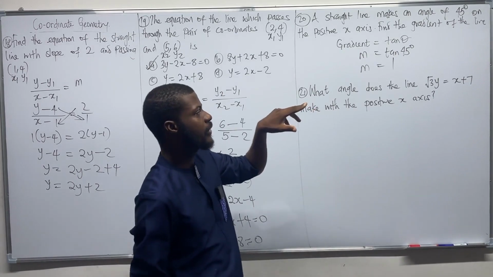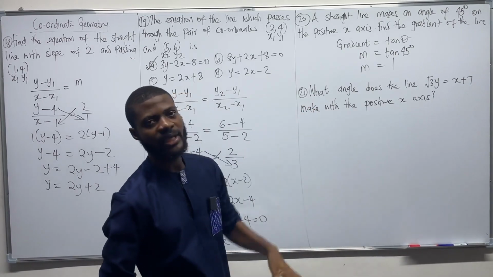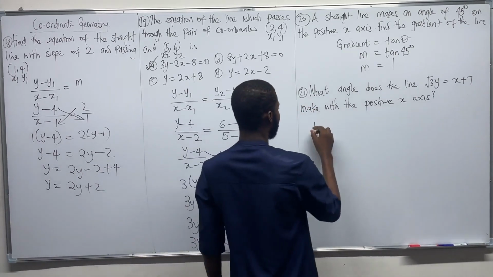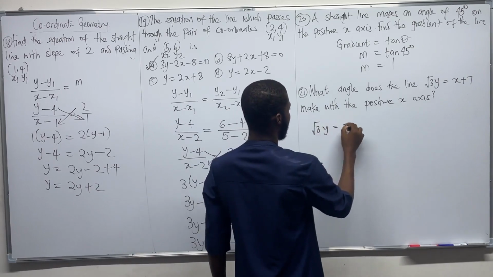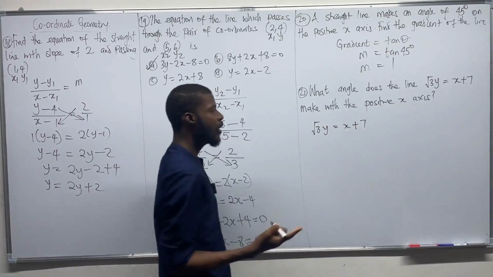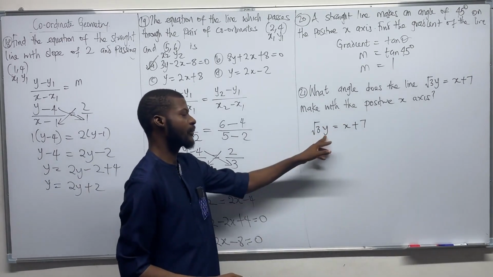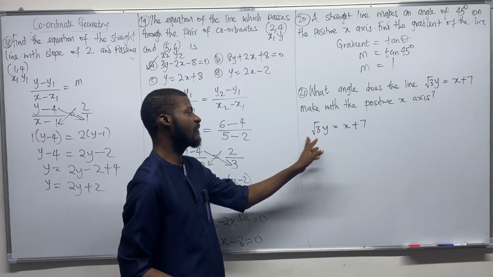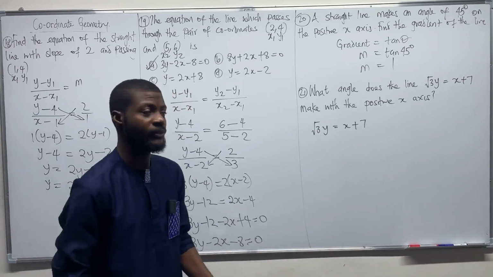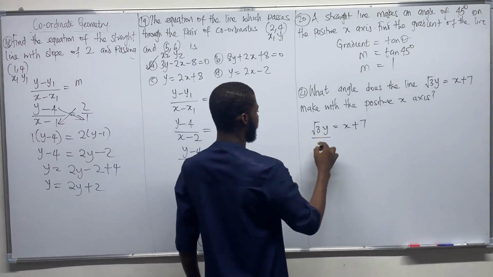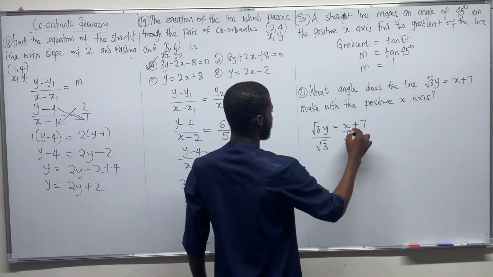So using that equation, you have to find the gradient first of all. For us to find our gradient, we need to make sure that y is standing alone. So for y to stand alone, we need to divide every single thing by root 3.